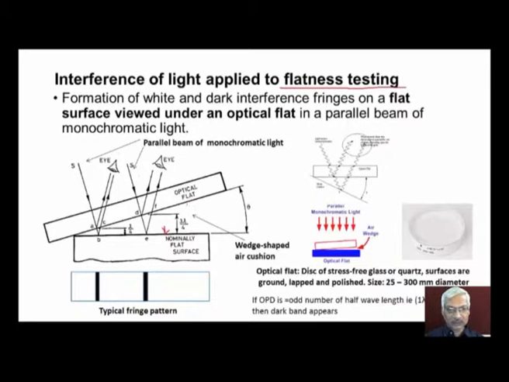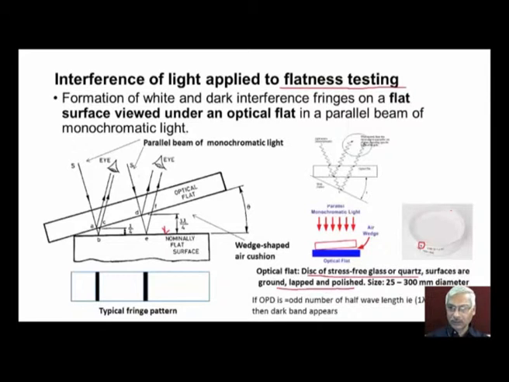These optical flats are discs of stress-free glass or quartz, sometimes with both surfaces, sometimes only one surface, which is indicated by the arrow, ground, lapped and polished.